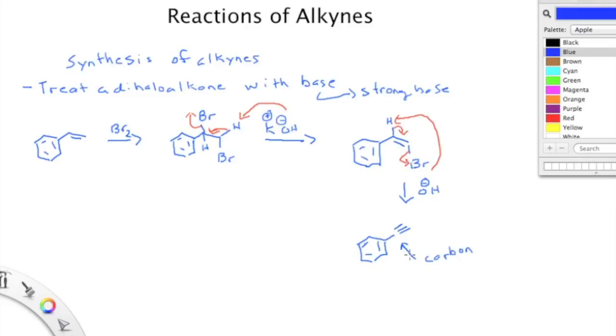So that is how you end up making an alkyne, or it's probably the most straightforward way to make an alkyne, through the elimination of a dihaloalkane. Or if you have something that is already in this fashion, you can do another elimination on it here, and this will also give you an alkyne.